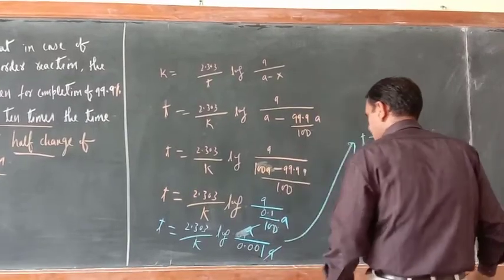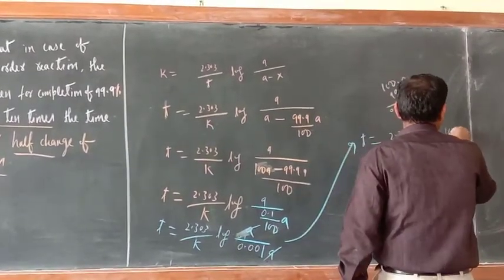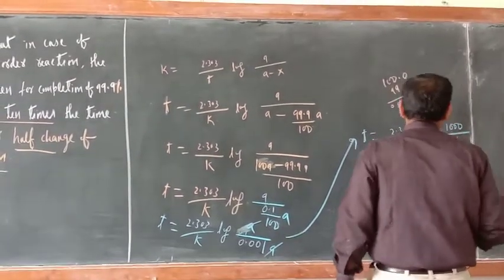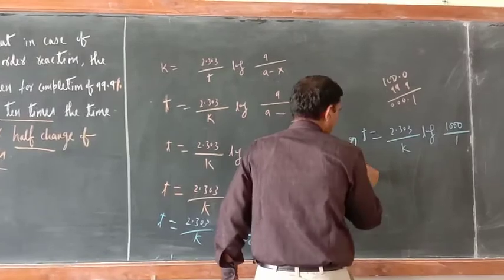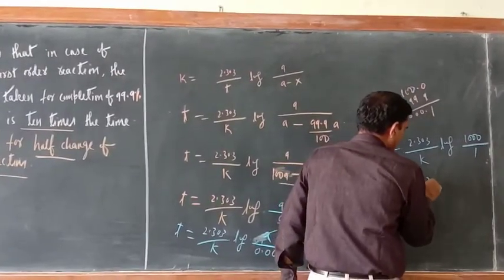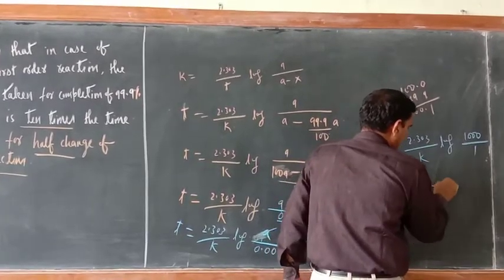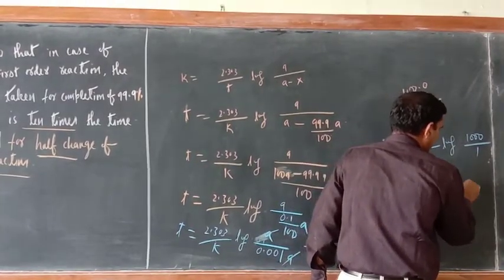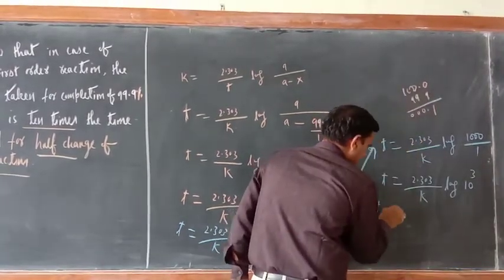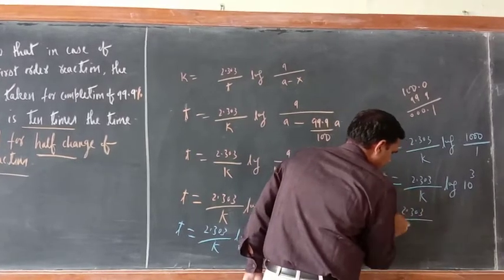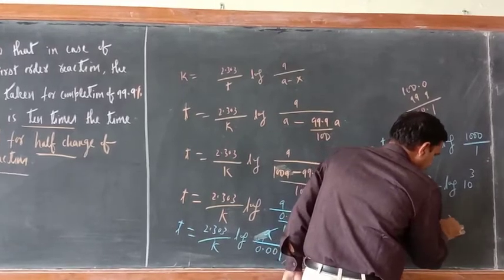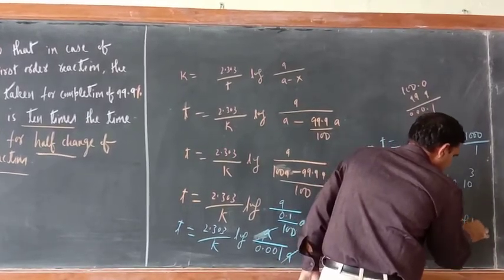Now this would be 1000 by 1. So t equal to 2.303 divided by k, and here log 10 raised to the power 3. So t equal to 2.303 divided by k into 3 log 10.